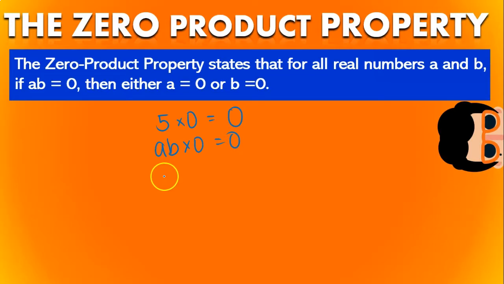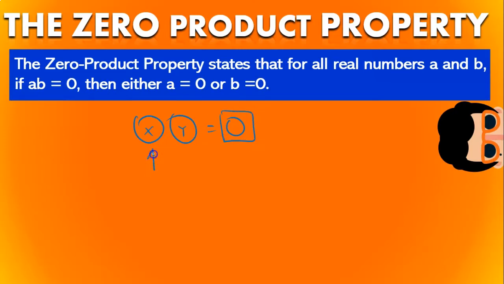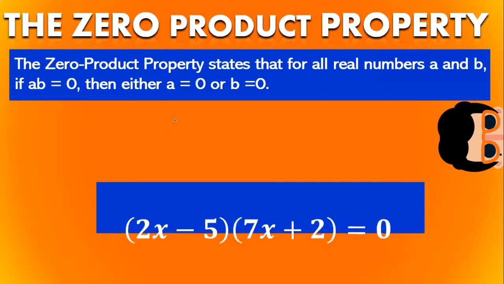Or 50a times 0 is 0. So that means that whenever we have two things being multiplied, x and y, and the answer is 0, it either means that this is 0 or that this is 0. So we're going to be using that logic to solve the problems.